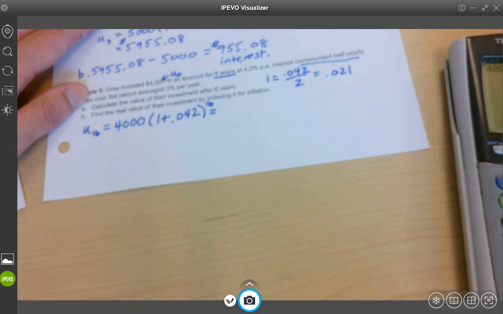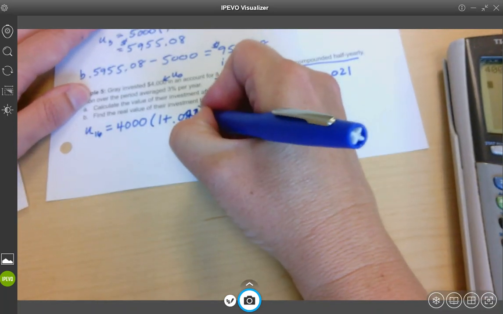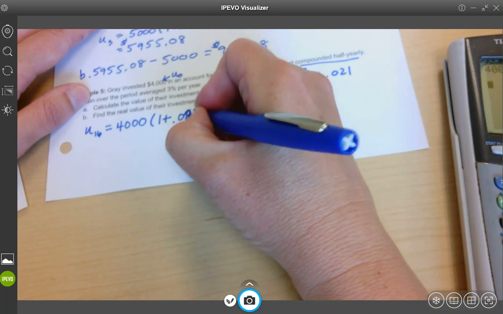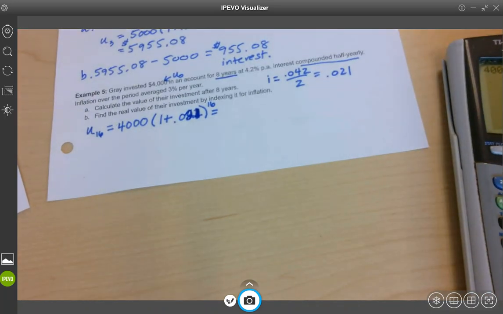So the interest is 0.021, and so I need to make this look like 0.021. Because we're going to do half of it halfway through the year and half of it at the end of the year. So we're not actually going to give twice as much interest. That would be a lot. We're just splitting up the interest so that we do half of it halfway through the year and half of it at the end of the year.